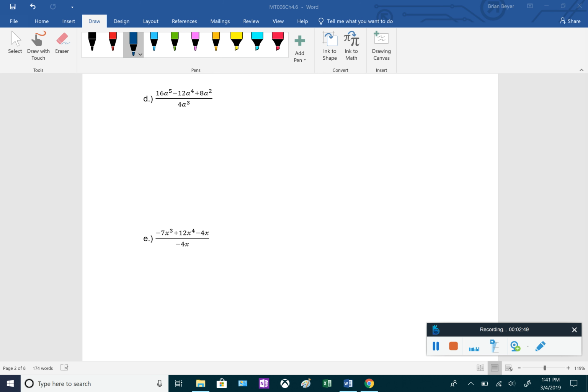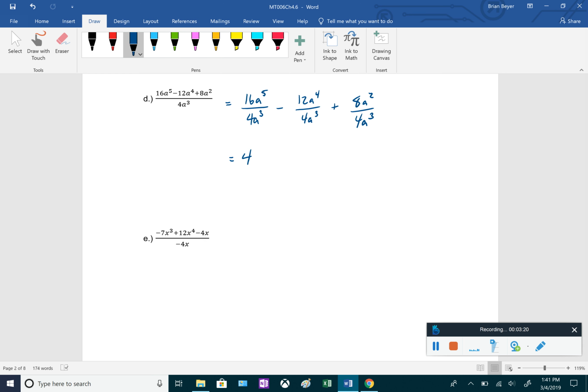So 16a to the 5th minus 12a to the 4th plus 8a squared divided by 4a cubed. So 3 terms in the numerator. We're going to give all 3 of those terms its own denominator. So it'll look something like this. And then we're going to simplify them all separately. So 16 over 4 is 4.